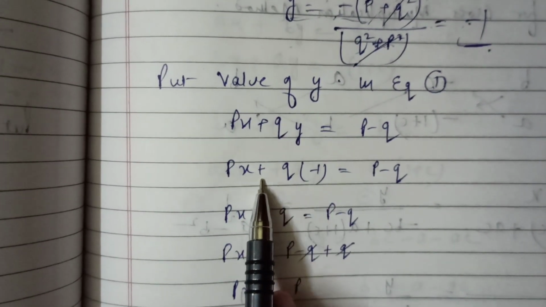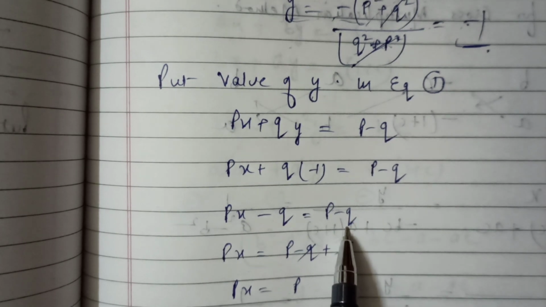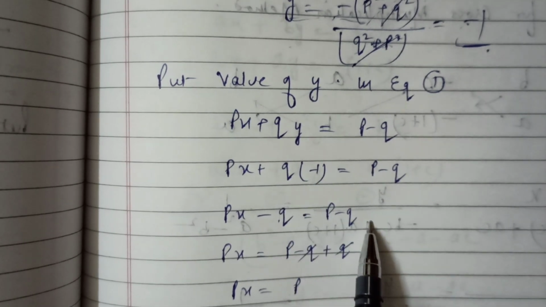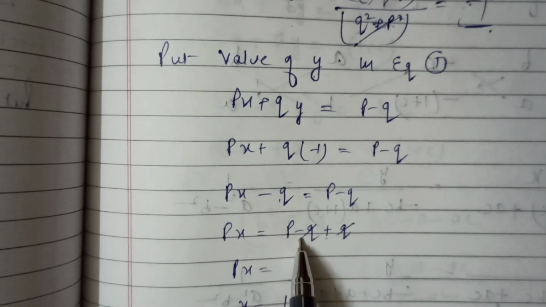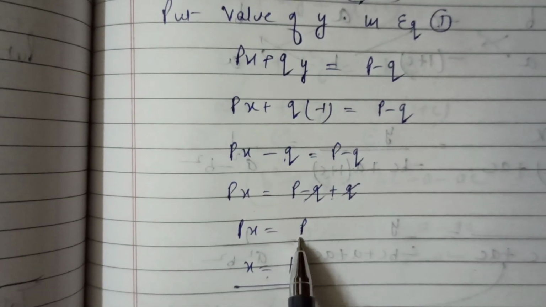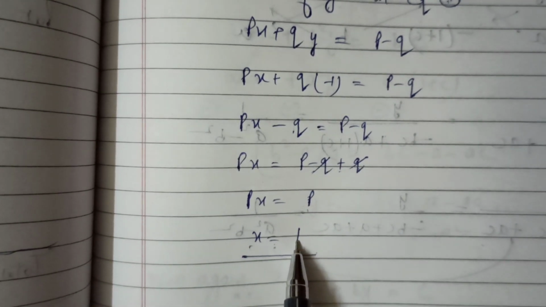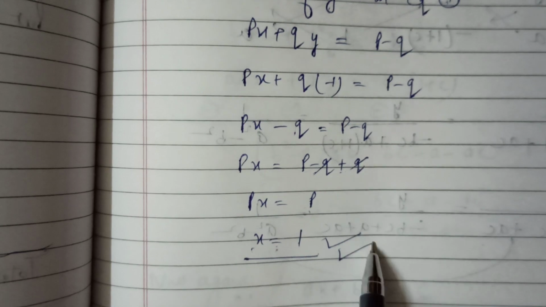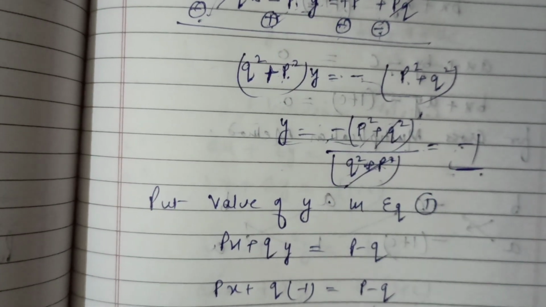Px minus q is equal to p minus q. This minus q goes to that side, becomes plus q. Plus q and minus q cut. Px is equal to p, x is equal to 1. So your answer is x is equal to 1 and y is equal to minus 1. Clear?